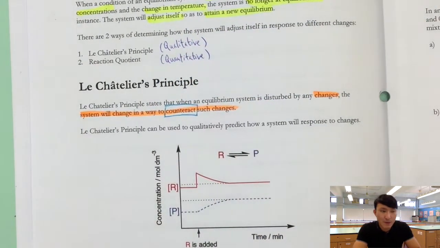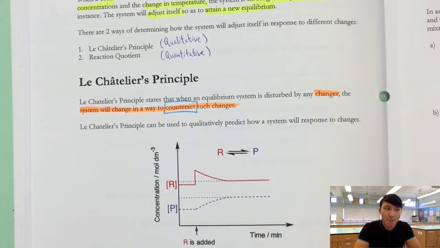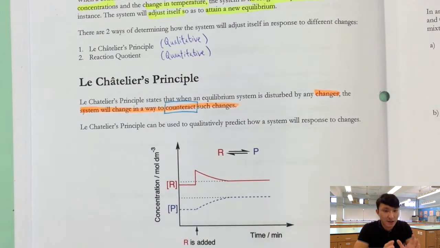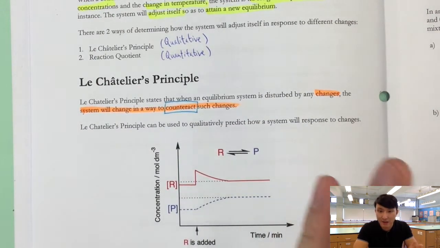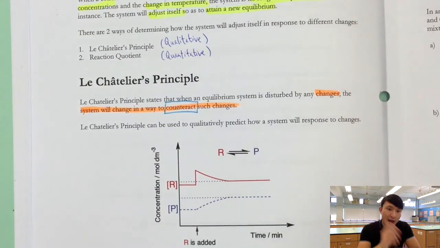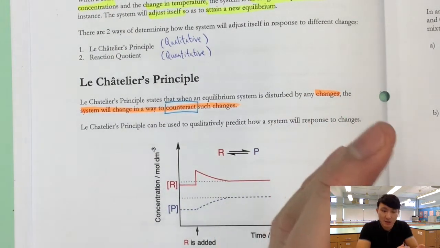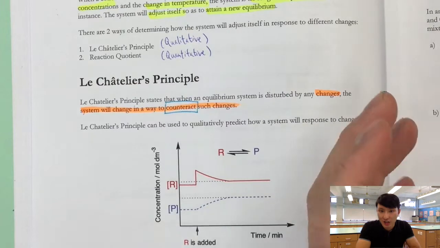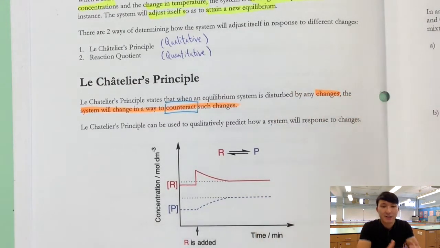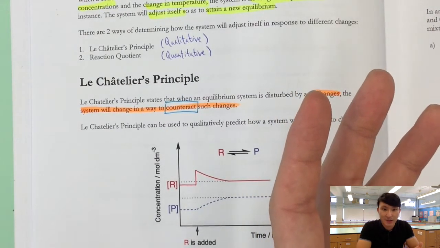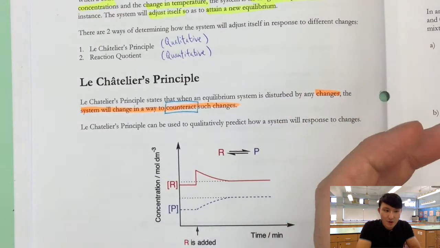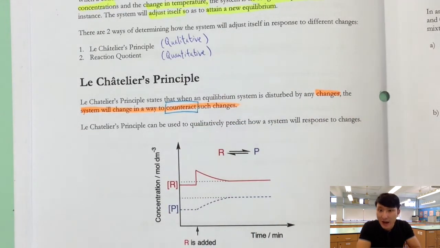Now, what do we mean by counteract? For example, for an equilibrium system at equilibrium state, if we add some reactant into the system, the change will definitely be an increase in the concentration of reactant, isn't it? The system will counteract such a change.